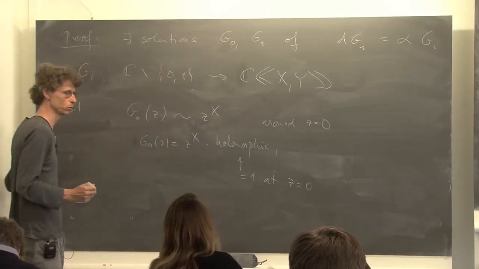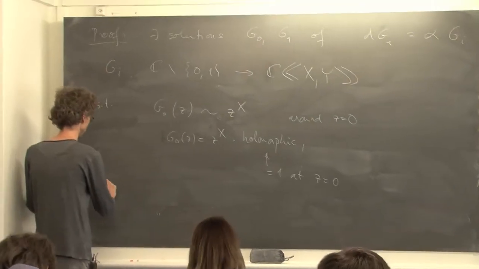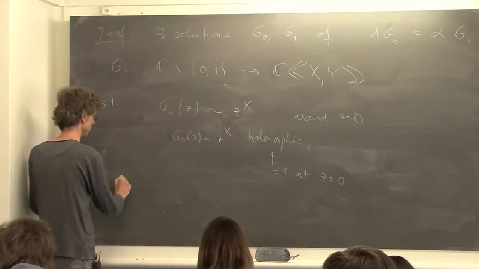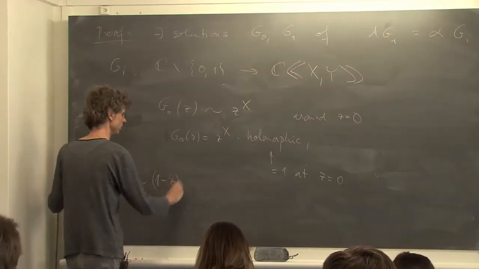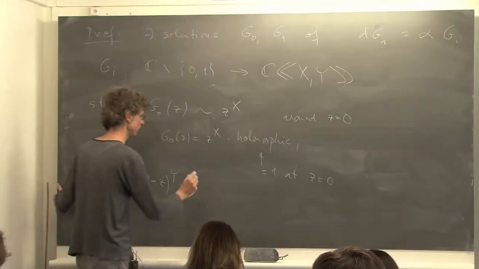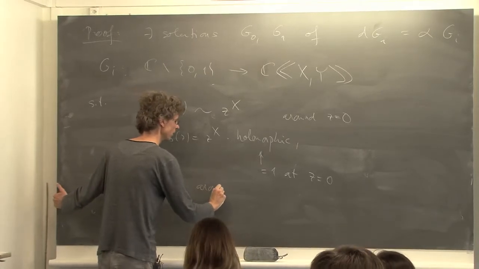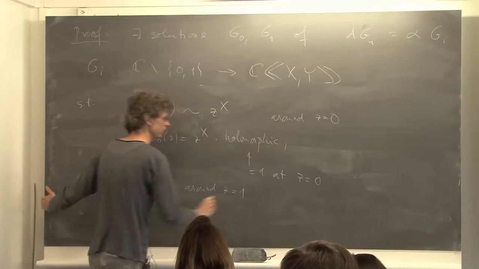That's what it's supposed to be. And this G1(z) is asymptotic to (1 minus z)^Y around z equal to 1.